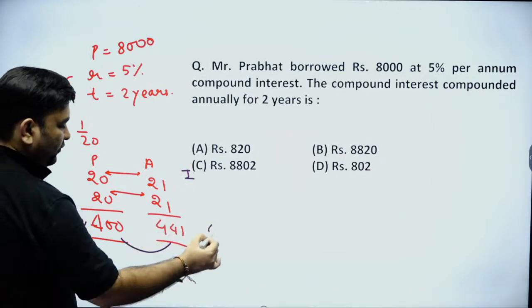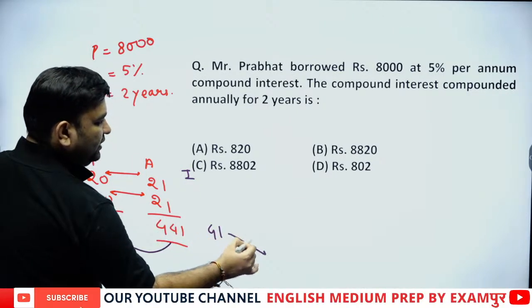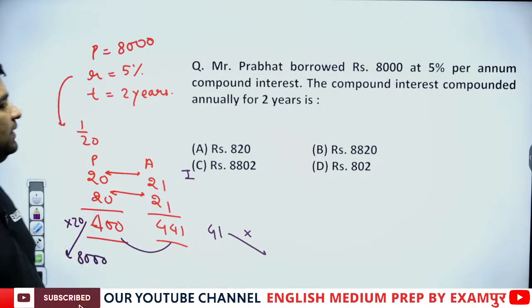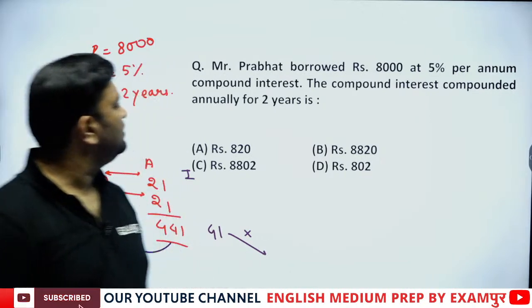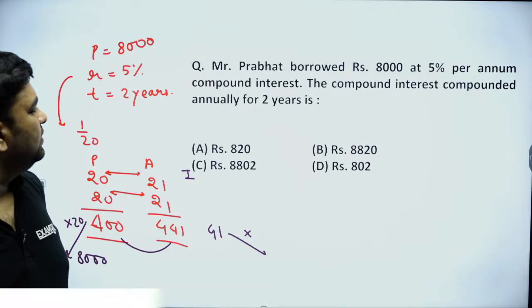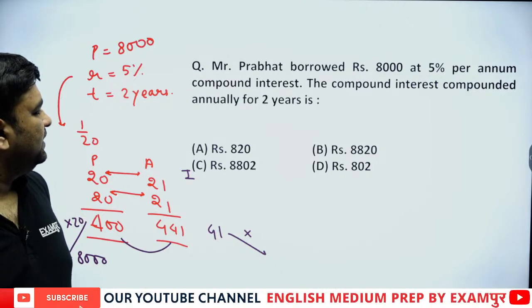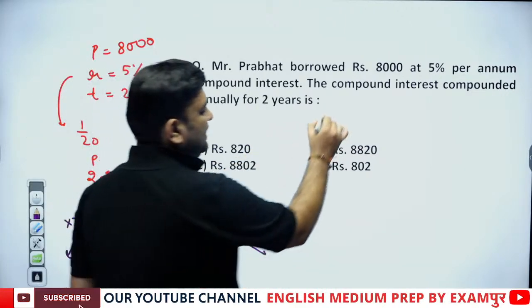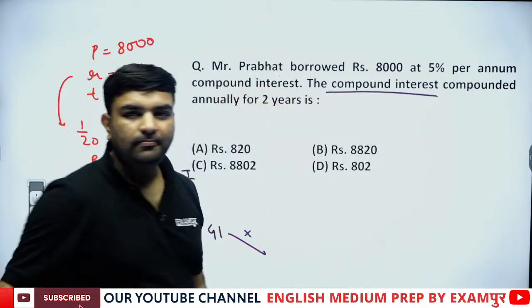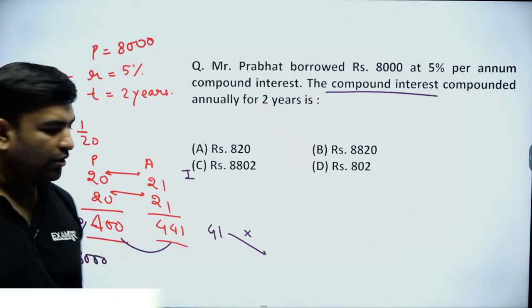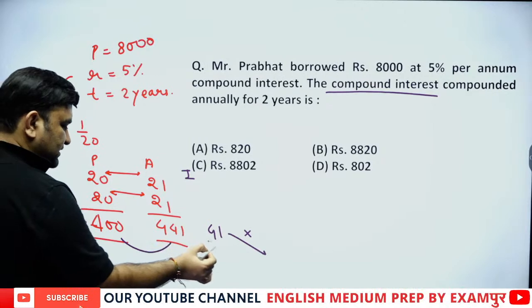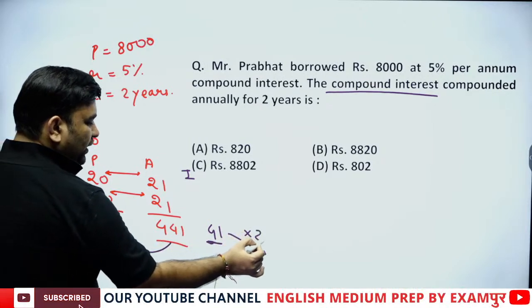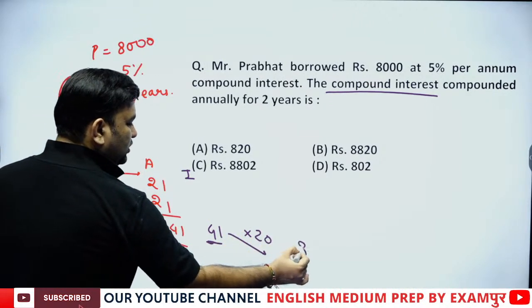Amount minus principal, 41. They are asking the compound interest. So compound interest is 41 into 20, which is 820 rupees.